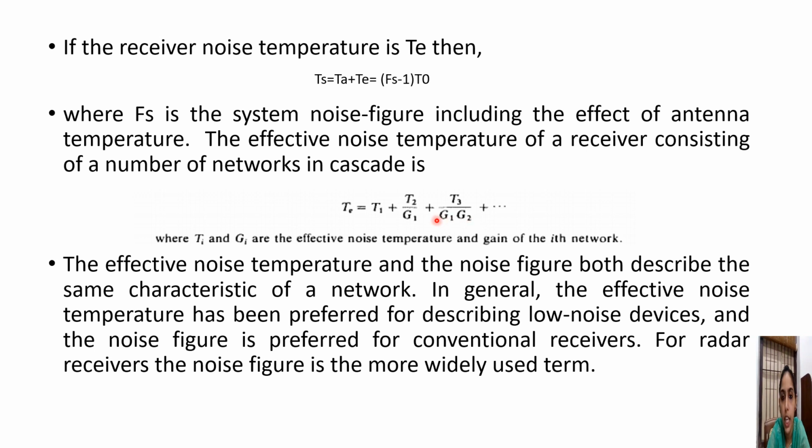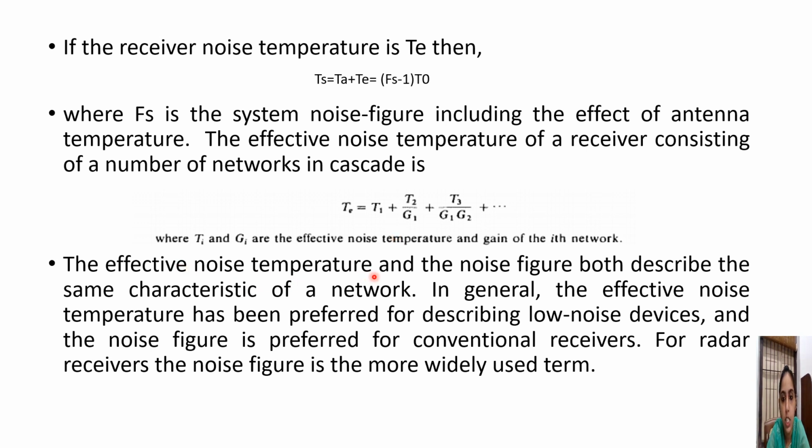Okay, so what we have to understand from this equation is, if the gain of the multi-stage receiver is sufficiently high, then what happens? The noise which is getting added due to the succeeding stages will go on becoming negligible. So we have to design in such a manner that the gain will swamp the effect of the noise of the succeeding stages.